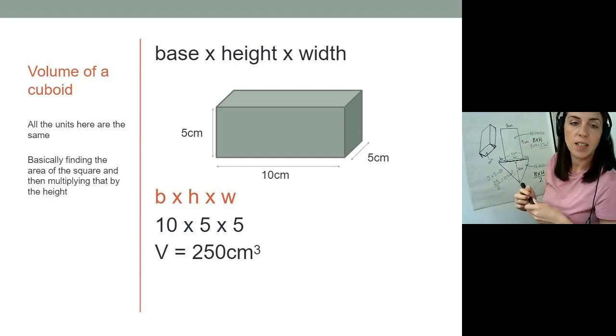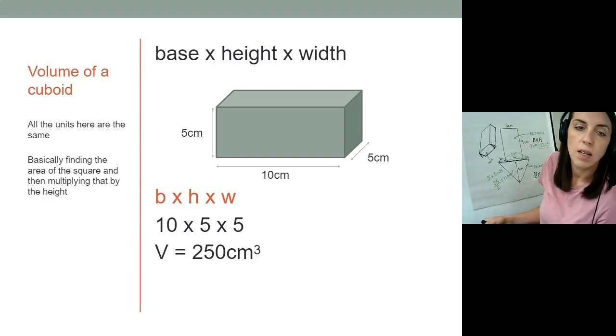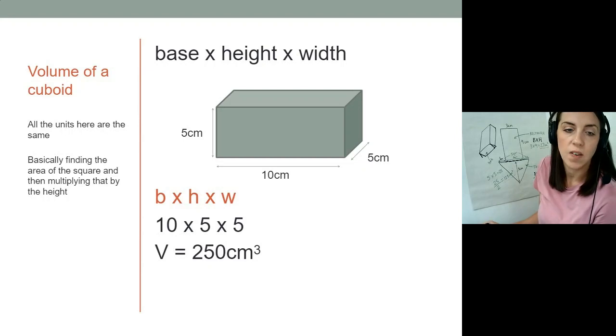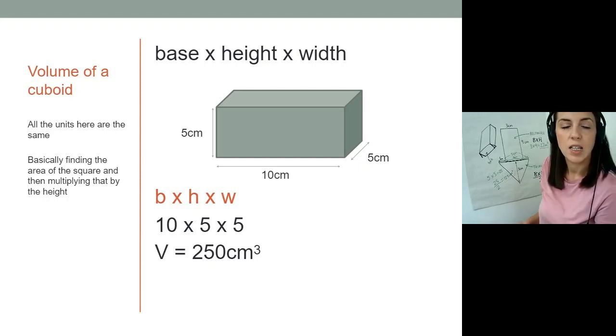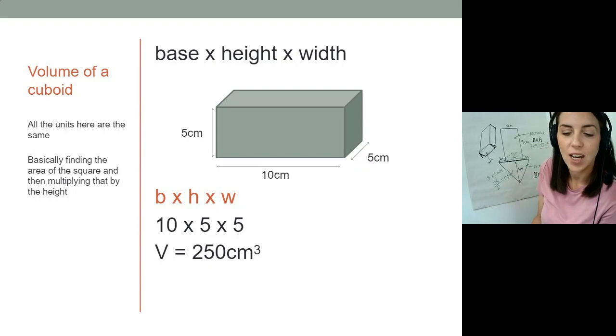So in this example here, it's base times height times width, which is 10 times 5 times 5, to give us 250 centimetres cubed. The 10 times 5 is 50, times 5 is 250 centimetres cubed. And as I mentioned, it's cubed because we're multiplying 3 different measurements together. Okay?